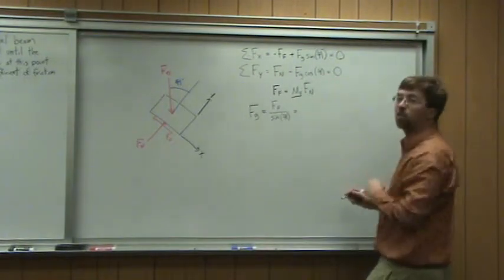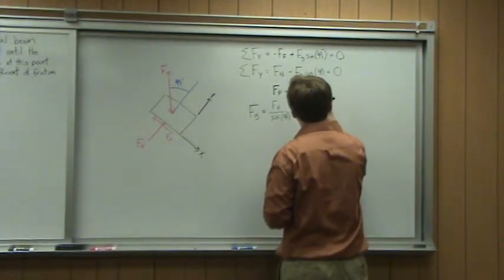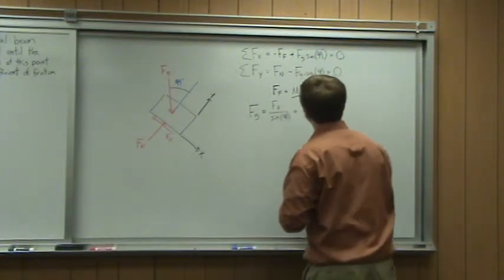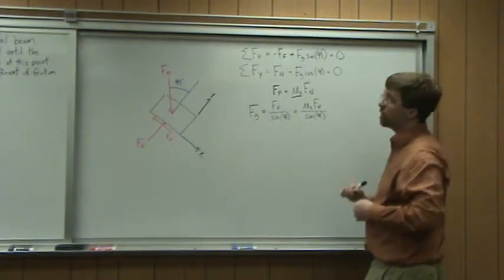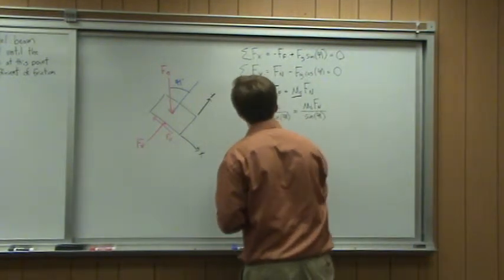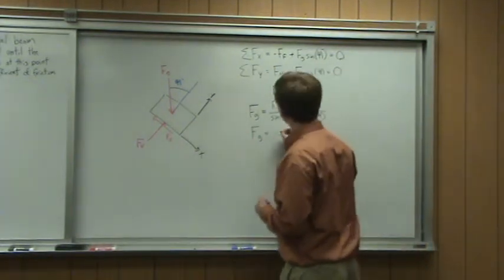And Ff, remember, is mu static times Fn. So mu s times Fn over sine of 41 degrees. And if I look at the bottom equation, Fg is also equal to Fn divided by the cosine of 41.